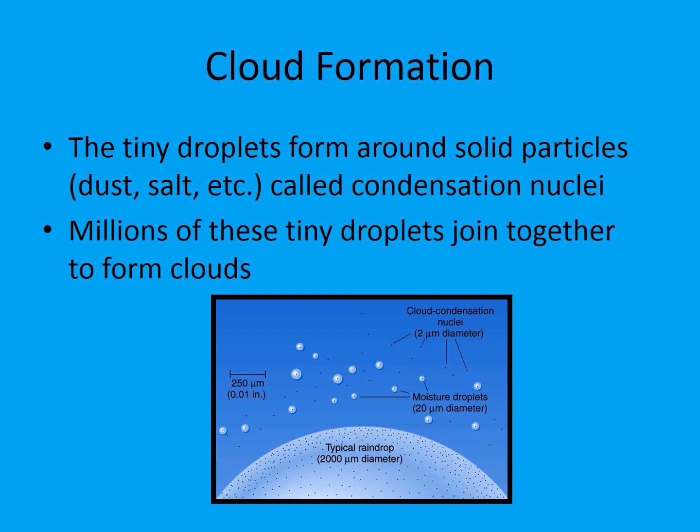They're called condensation nuclei, and it can really be any type of solid, dust or salt or pollen, just something to kind of get that condensation started. And millions of those tiny droplets join together to form clouds. So the clouds are made of millions of teeny tiny droplets of water that are so tiny that they are able to remain suspended up in the air.